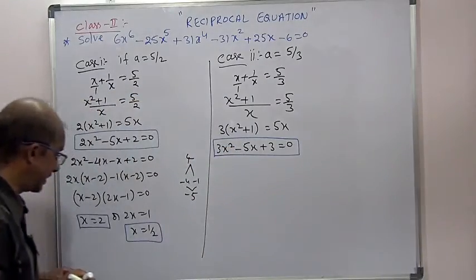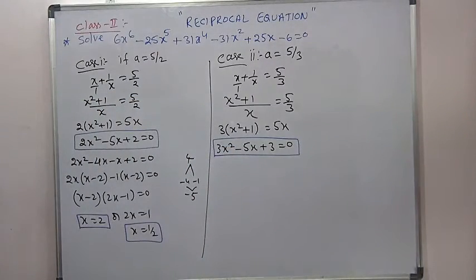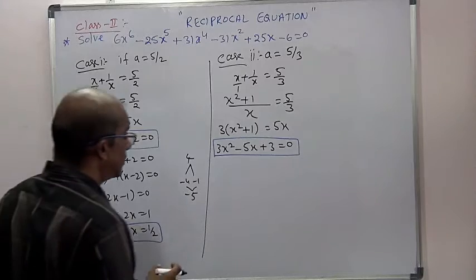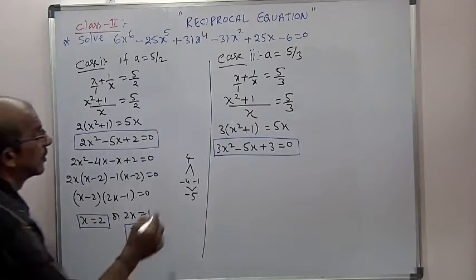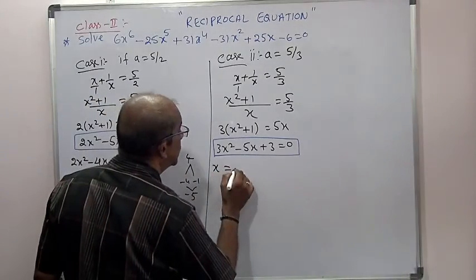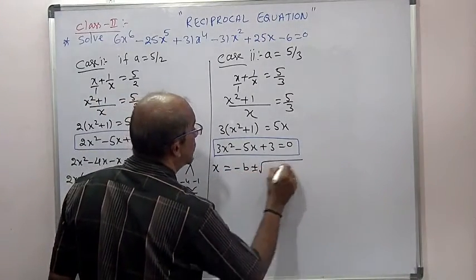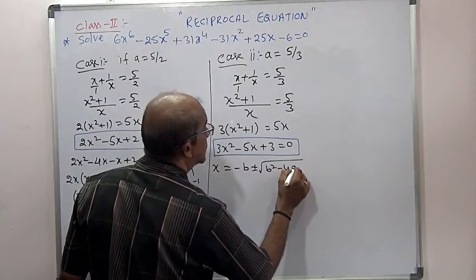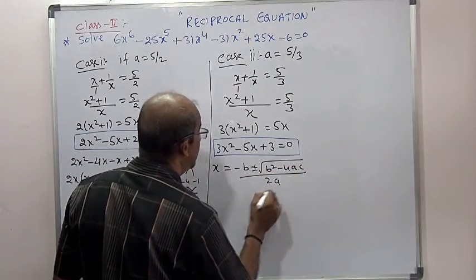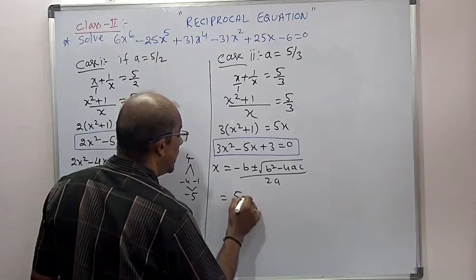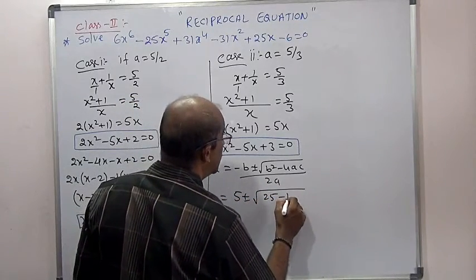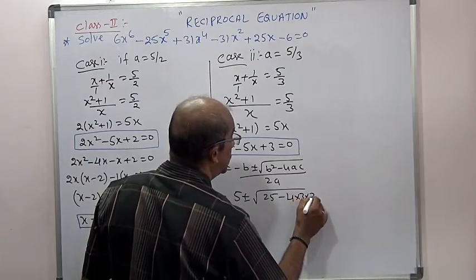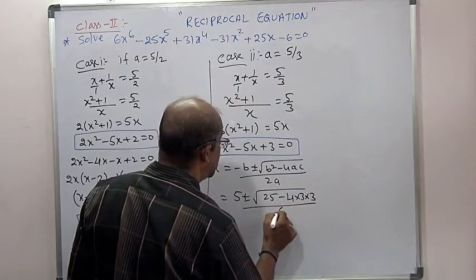In the another quadratic equation, the roots: x is equal to minus b plus or minus square root of b square minus 4ac by 2a, that equal to 5 plus or minus square root of 25 minus 4 into 3 into 3 by 2 3 is 6.